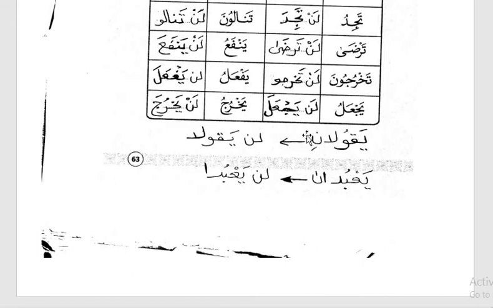So there is no noon here. The noon, as we said, is dropped. Another example, يعبدان. When we add len, we drop the noon from the verb and it becomes لن يعبدا. This is very important. So this is in the dual state.